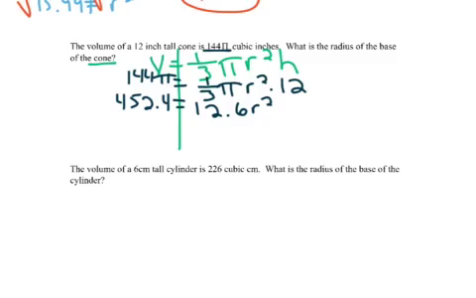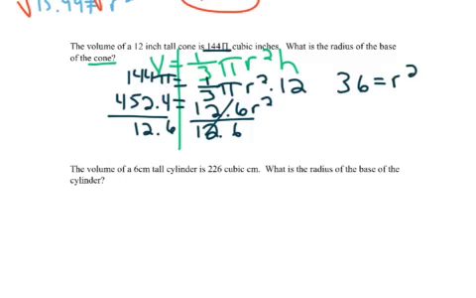Remember, the opposite of multiplying, we are dividing both sides by 12.6. We would be left with roughly 36 is equal to r squared, roughly. So remember, the opposite of squaring a value, you must take the square root, and the square root of 36 is 6. So 6 is my radius.